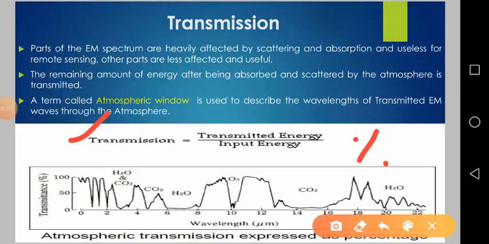In the figure, the variation of the transmittance with the wavelength is indicated.